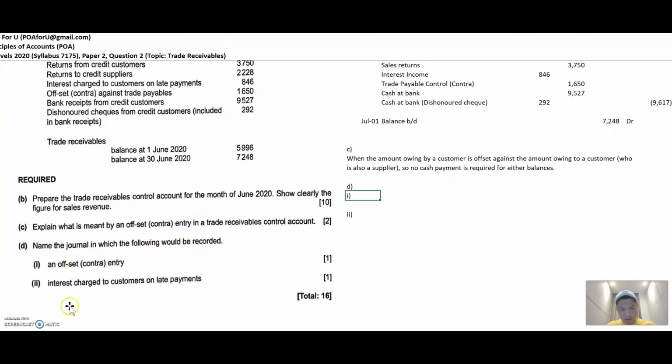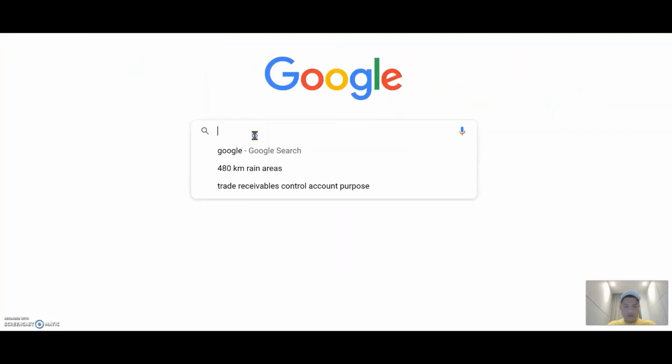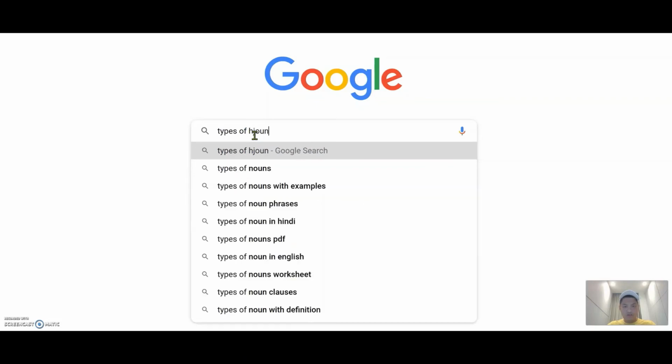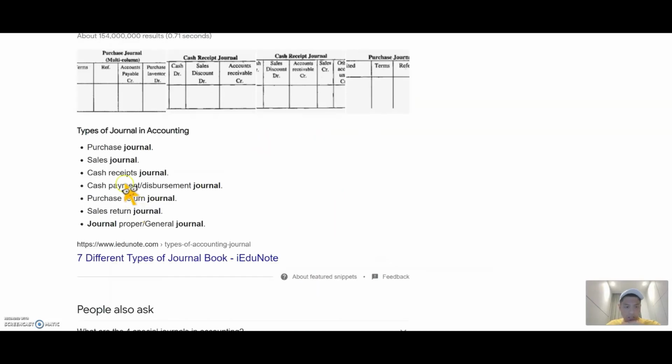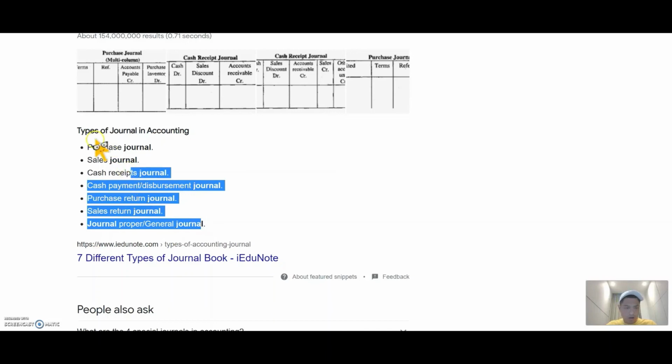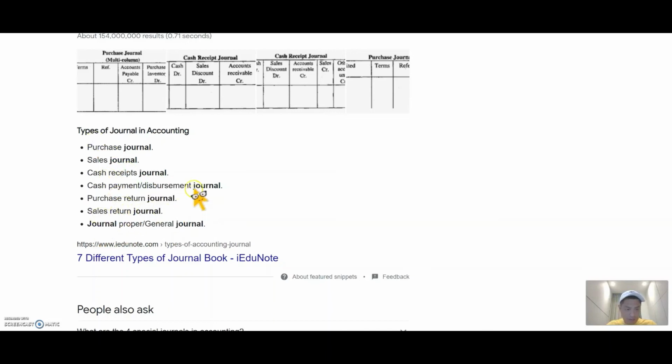The last part of the question: name the journal in which the following will be recorded: an offset entry like a contra and an interest charge to customers on late payments. Now, if you don't understand this, I'm going to Google types of journals, types of accounting journals. And they would tell me that there are basically 7 types, right? Purchase, sales, whatever, and then there's a general journal. So other than the general journal, the rest are special journals.